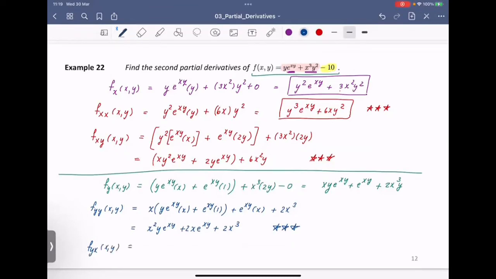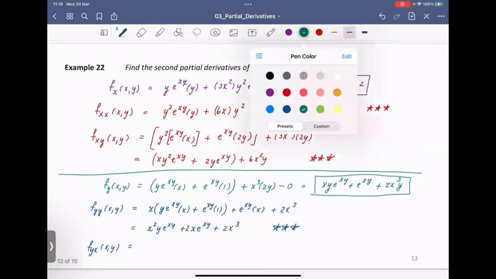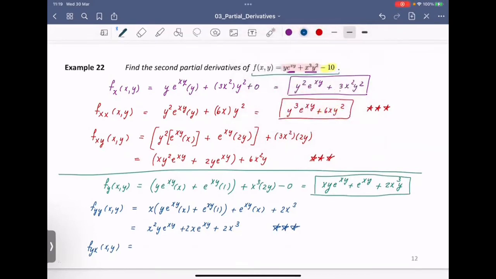Well, actually, fyx, after we compute, you're going to see some observations. So let's do it. So we have fy here, which I boxed in green. And then I'm going to take the derivative with respect to x. With respect to x, y is constant. So take y out.